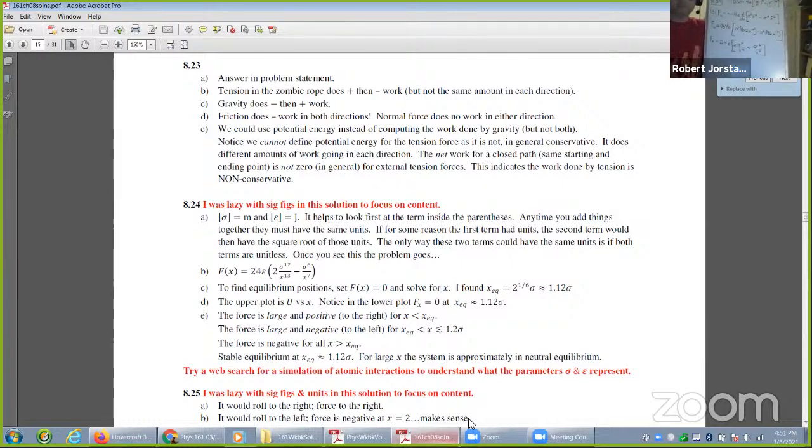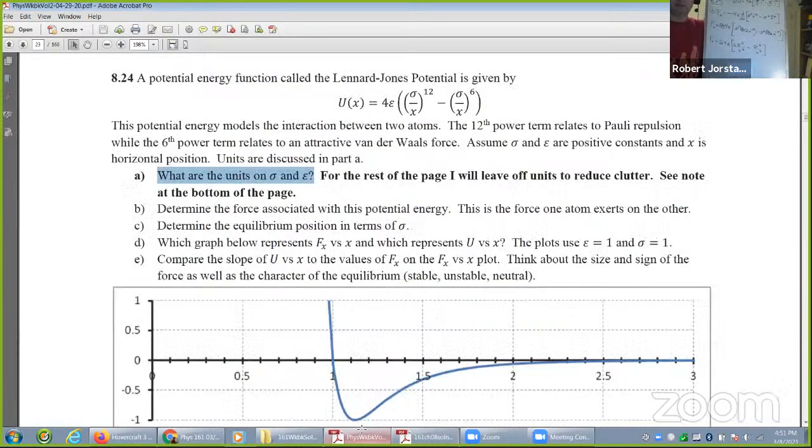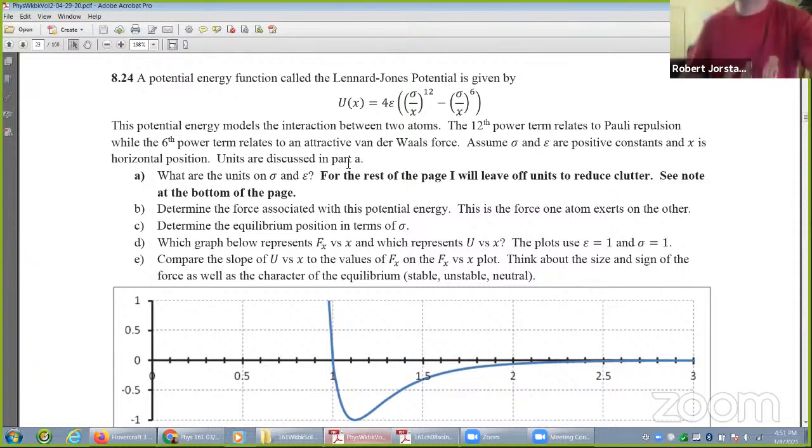All right. Let's get back in here. Now we're talking about the plot. I think we alluded to this last time. I can't remember. So what I did to make the plots was I just set epsilon to 1 and sigma to 1. So basically the energy is in units of epsilon, whatever epsilon is, and the position is in units of sigma.